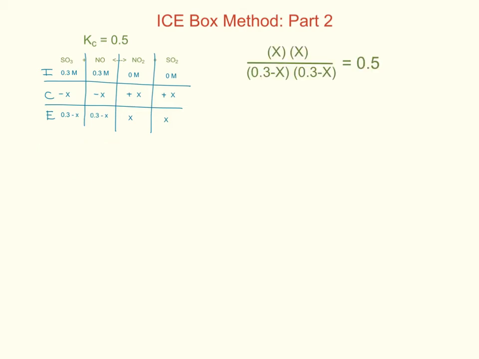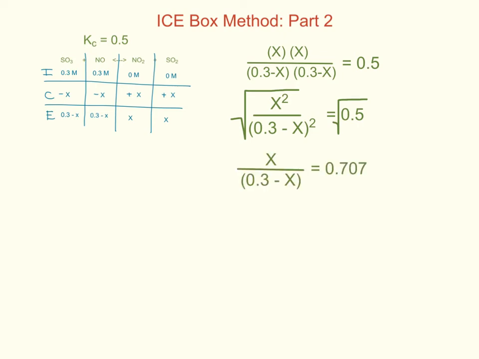So now let's clean some of this up and make this into a proper algebra problem. I can start by simplifying it a little by making it x squared over (0.3 minus x) squared equals 0.5. And then I can clean it up by taking the square root of both sides. So I get 0.707 equals x over 0.3 minus x.